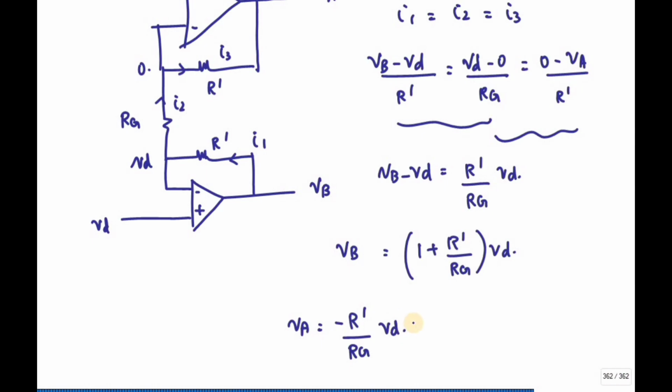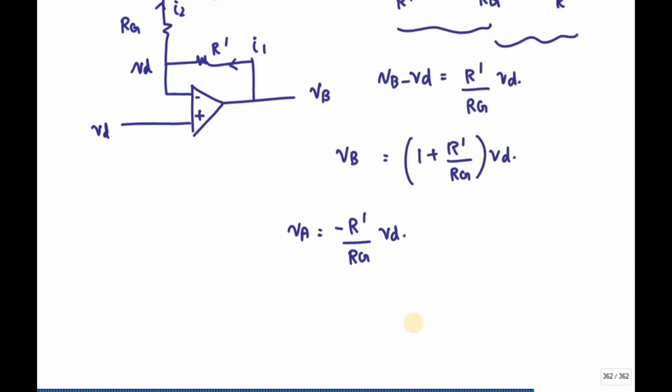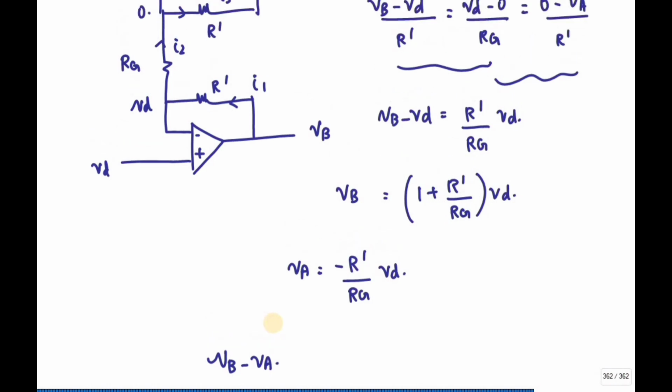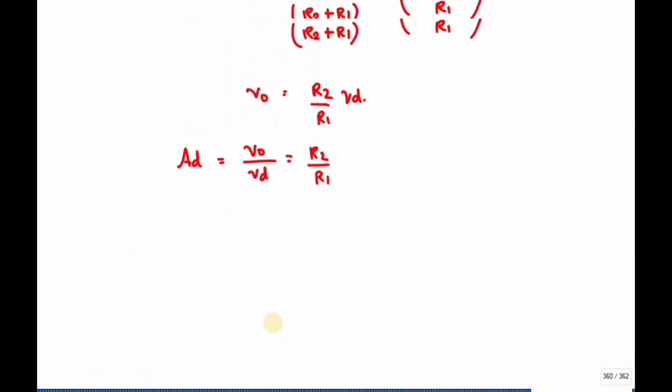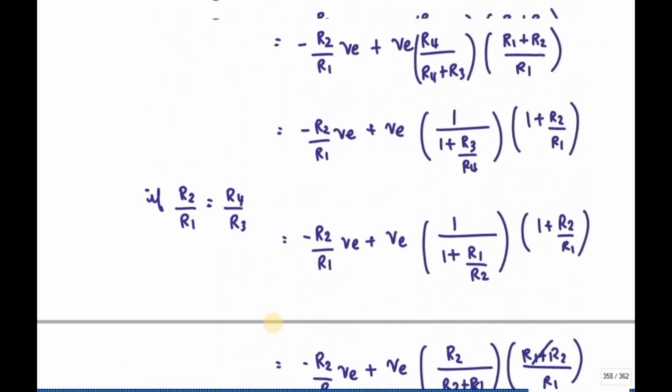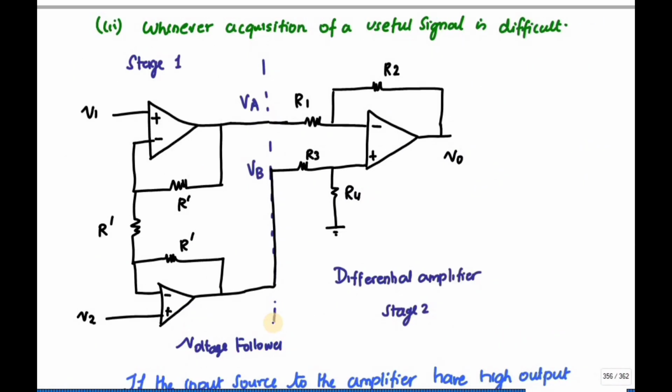So what was I supposed to get? I was supposed to get VB minus VA, since the positive voltage is given to this one, so I need to get V naught is equal to AD times VB minus VA, right?